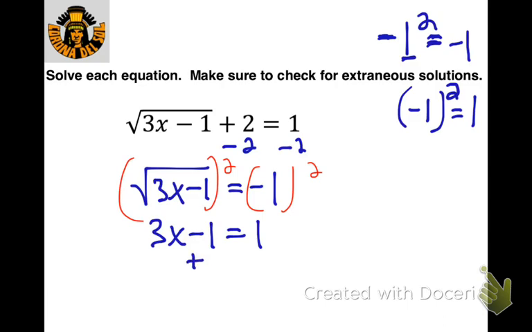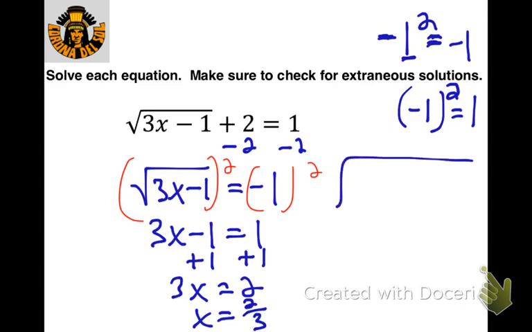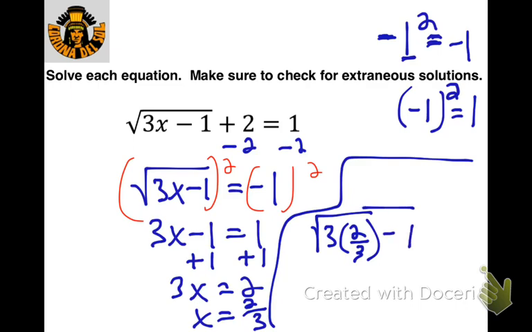Okay, then we're going to add 1 to each side. It's 3x equals 2, so x equals 2/3. Now when you plug this one in, it doesn't really work. It looks like this: square root of 3 times 2/3, minus 1, plus 2 equals 1.